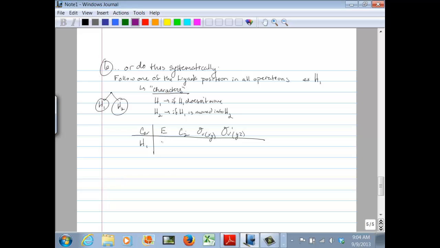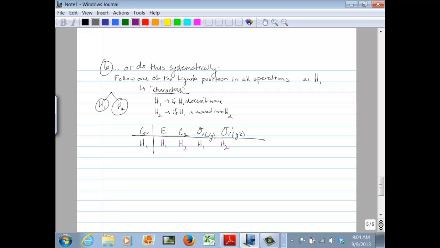It stays H1. What happens to H1 under C2? It's H2. What happens to it under sigma v in the plane of the paper? H1. Sigma v, chopping the molecule in half? H2. Okay, there we go.